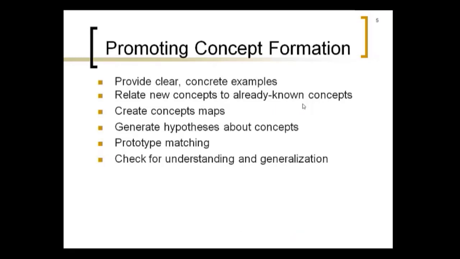So to kind of summarize here, when you're teaching a concept, you want to provide clear, concrete examples. Thinking back to our lecture on Piaget, the younger the student, the more simple and concrete it's going to need to be. But you could still give concrete examples regardless if possible. That would be helpful. Relate new concepts to already known concepts. So think about the way that we teach math.